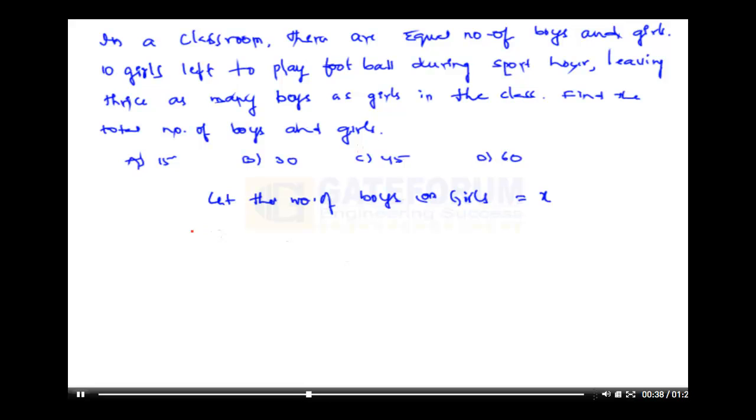So we can write the number of girls as x minus 10, and thrice as the boys. So we can write 3 of x minus 10 is equal to x, and this implies 3x minus 30 is equal to x, which implies 2x is equal to 30.